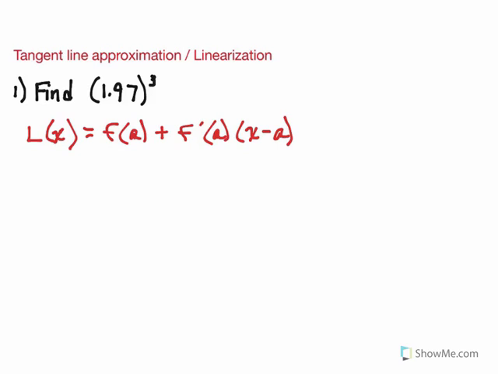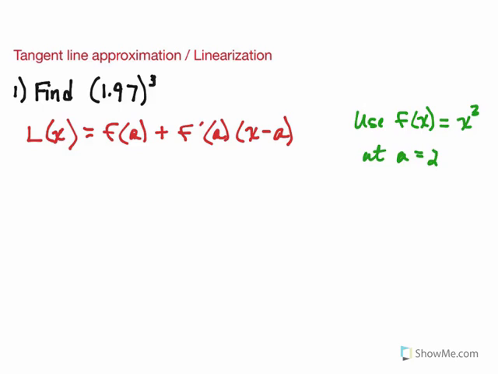Well, since we have something that we're cubing, it makes sense to perhaps use a cubic equation. So we're going to use f of x equals x cubed, because we're really wanting to take a number and cube it. And the a value, we want that to be something pretty close to 1.97. Again, think that delta neighborhood. So maybe we can use 2, because 1.97 is pretty close to 2.